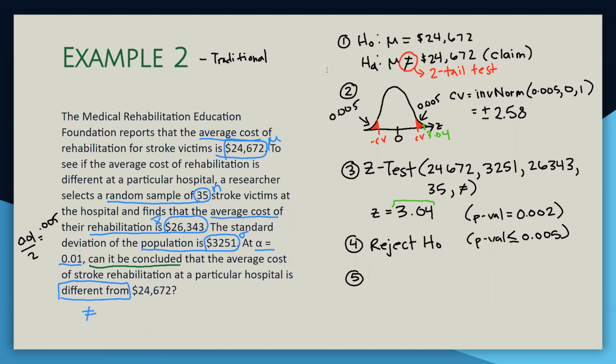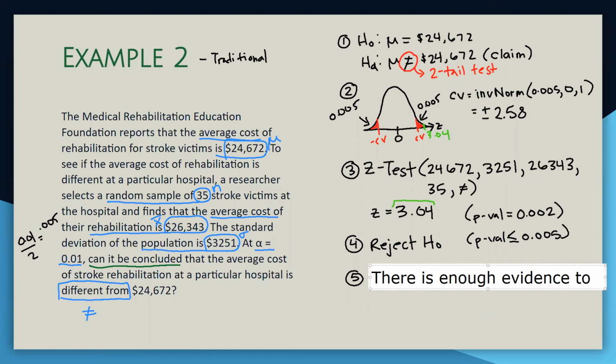Let's try that again. Here we go. So there is enough evidence, that's coming from the reject in step 4, 2, and then our claim is the alternative, to support the claim that, and then we pull the claim from the problem.